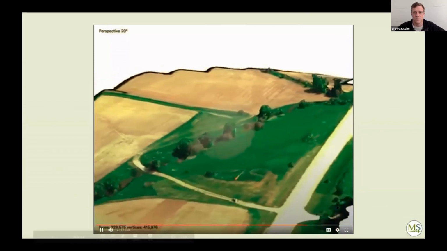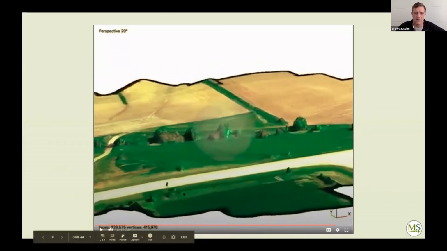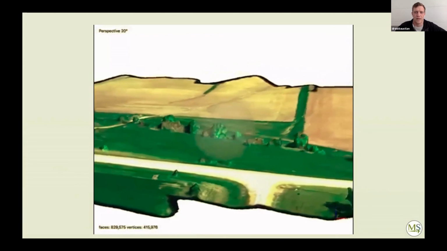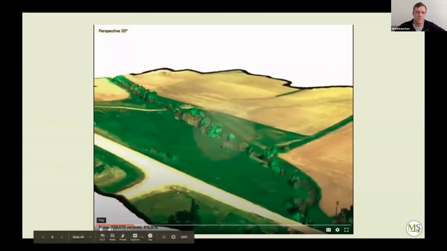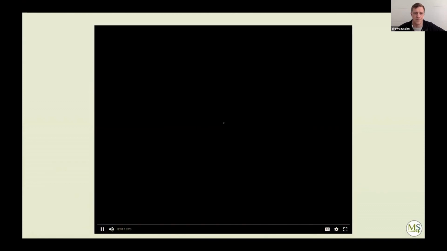And what you can do with the Altum is you can take that 3D model and apply the thermal layer to it. Let's see, here we go. So I basically just applied the thermal over top of the 3D model, and you can do the same thing.